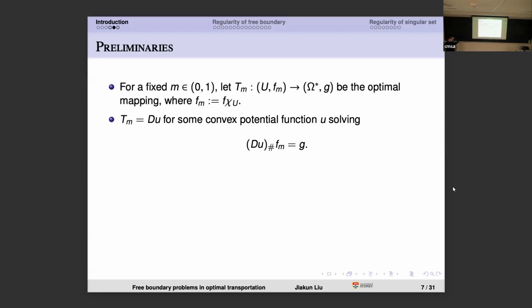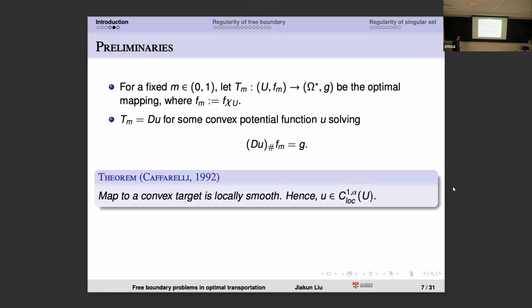Active region means the region you are going to transport. And in 1992, Caffarelli told us that as long as the target is convex, then the solution u will be C^{1,α} locally. There's no other restriction, no other assumption on the domain.